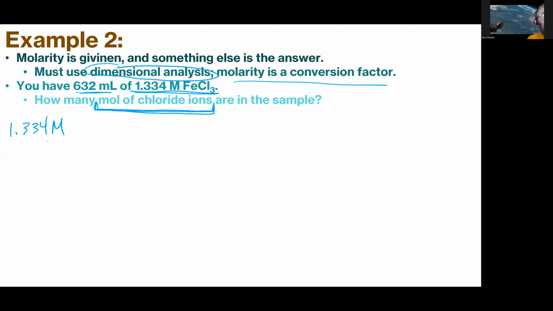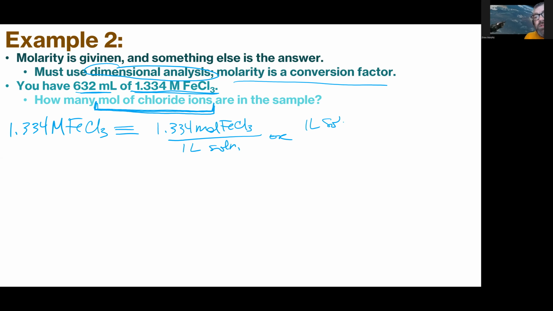1.334 molar. This is FeCl3. This could mean 1.334 moles of FeCl3 in 1 liter of solution, or it could mean that 1 liter of solution is 1.334 moles.